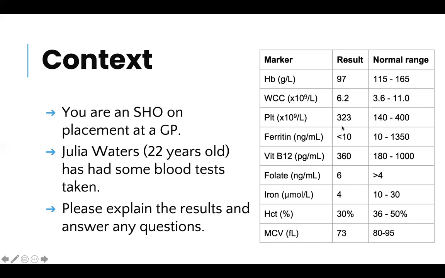Okay, would we just leave the patient, or would they need any further bedside tests, investigations, or treatment, or any follow-up? So Keris is saying iron supplements, brilliant.